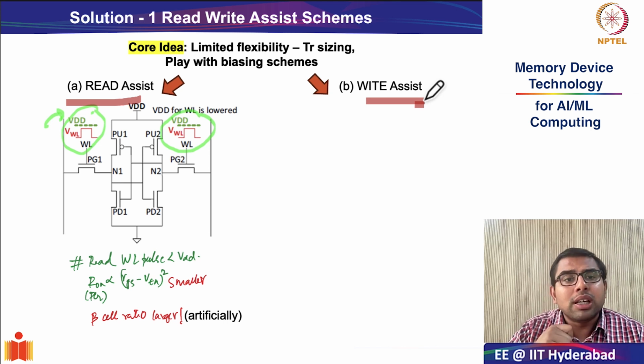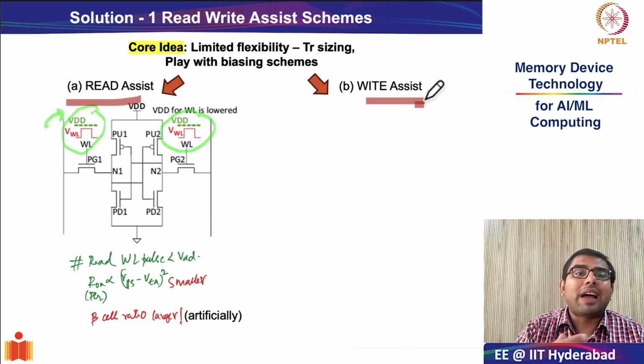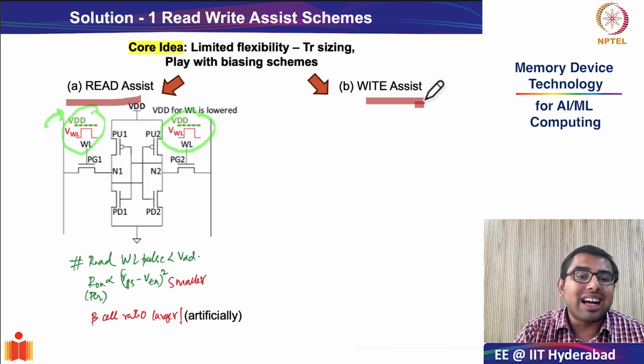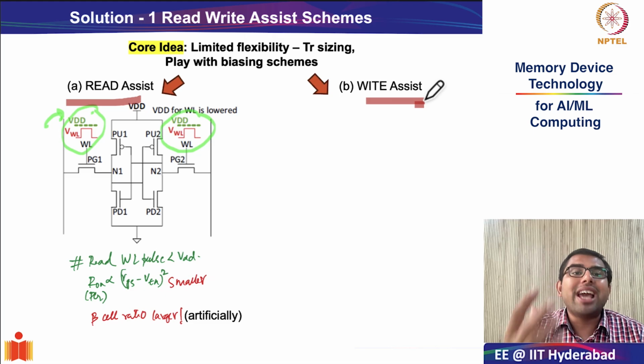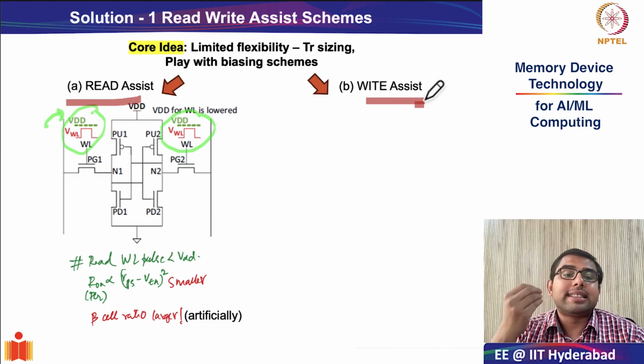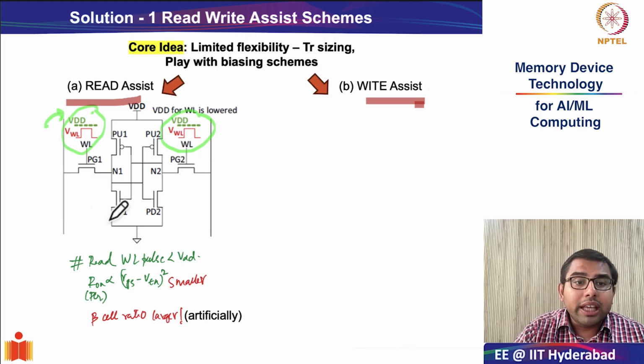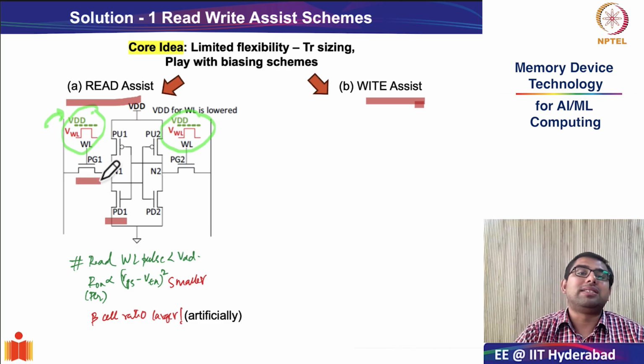So what was the key philosophy of having the read assist scheme, or what did we want during read assist? We wanted to make sure that a good cell ratio is maintained. The beta or cell ratio is that the strength of the pull down transistor must be greater than the pass gate transistor.